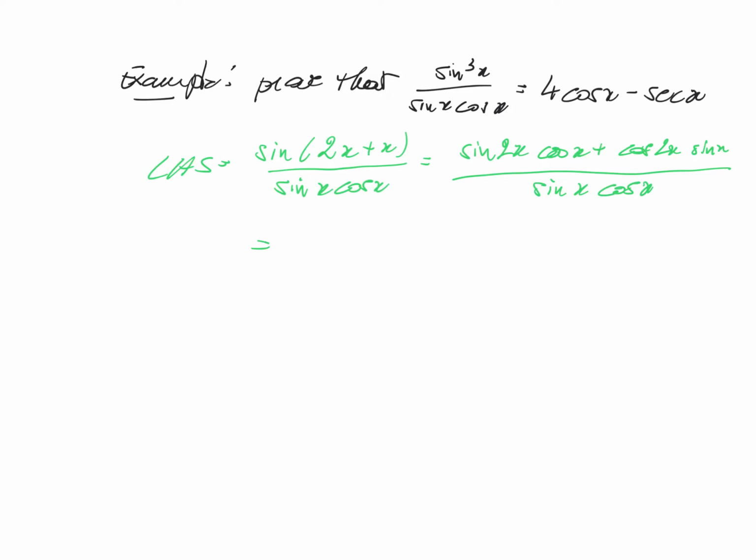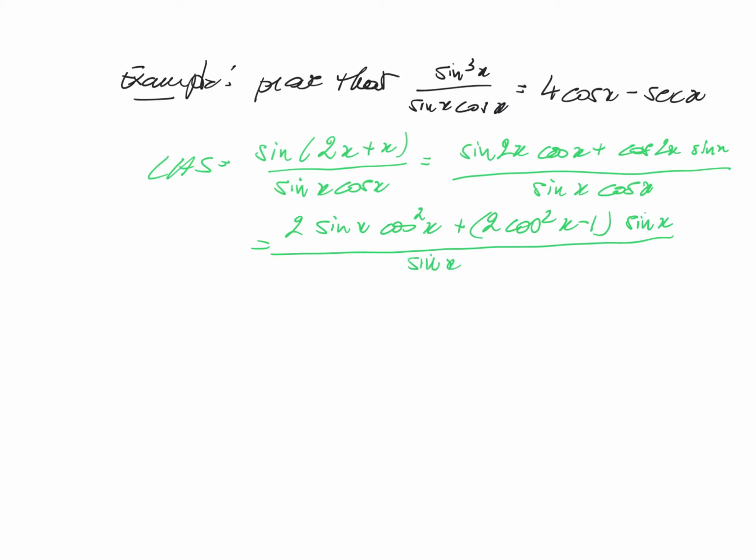So sine 2x is 2 times sine x cosine x, but with the cosine x which was already there, this becomes cosine squared x. And then for cosine 2x, we will use the formula 2 cosine squared of x minus 1 times sine of x divided by sine x cosine x.